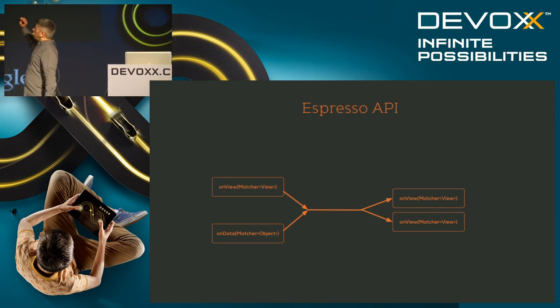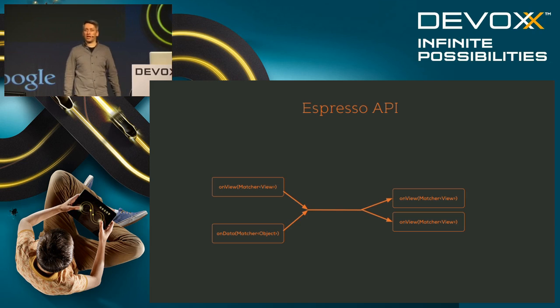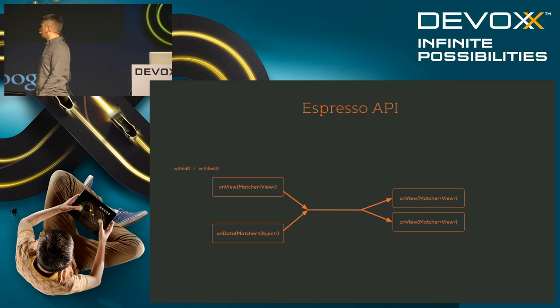Most of the time, you will say on a view with, for instance, a certain ID, a certain text on it, and so on. Or, and we will a little later see why, when you work with adapter views, say you have a list view with an adapter behind it, and you want to select a certain row. Since Android does recycling and only uses rows that are visible, it's possible to say, I want to work with onData so that I can get hold of an instance that's maybe not visible.